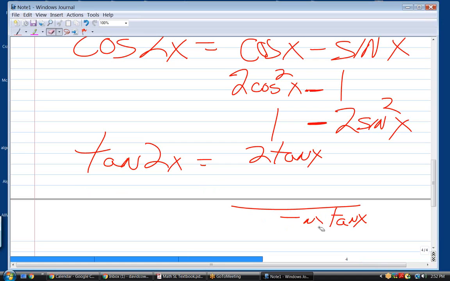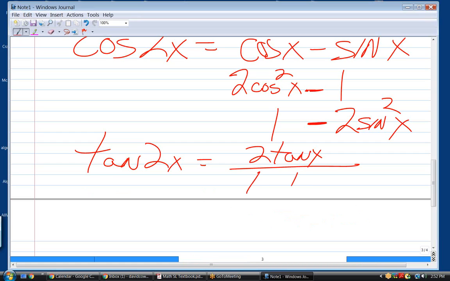In other words, if we happen to know the sum and difference, then this one is a piece of cake. 1 minus tan x times tan x, which is written like that. Tan x plus tan x is 2 tan x. But tan x times tan x is tan squared x. So even if you don't have this memorized, if you have the sum and difference memorized, you can always get this one easily.